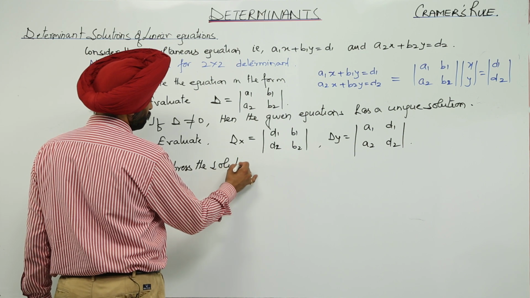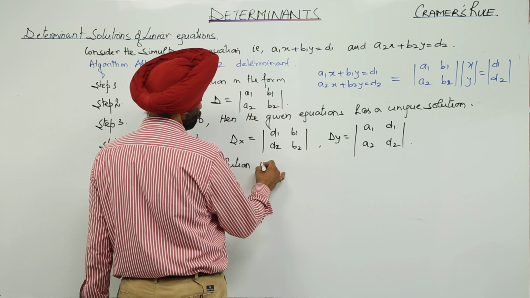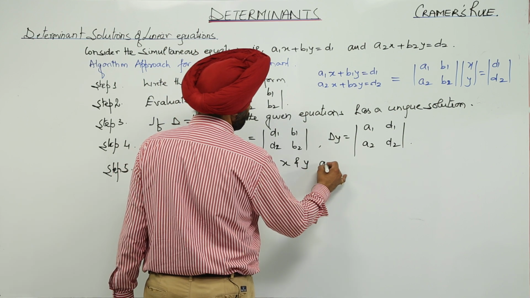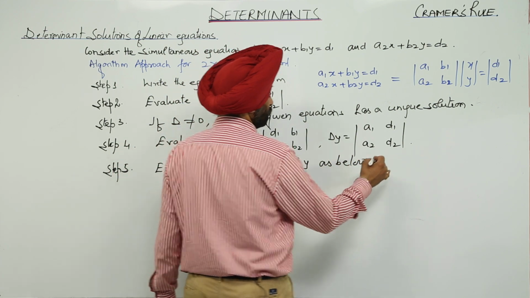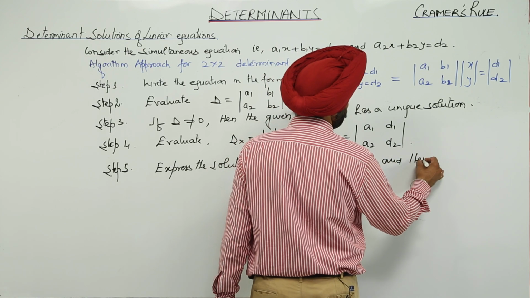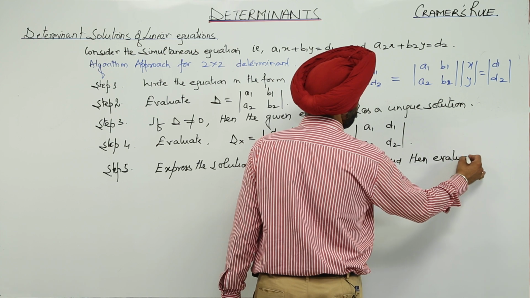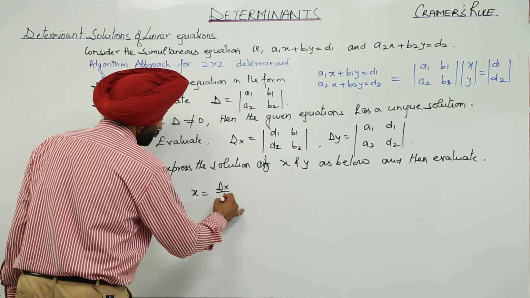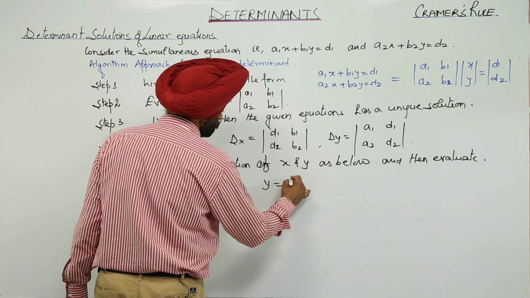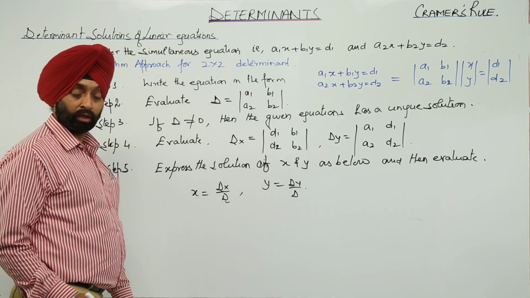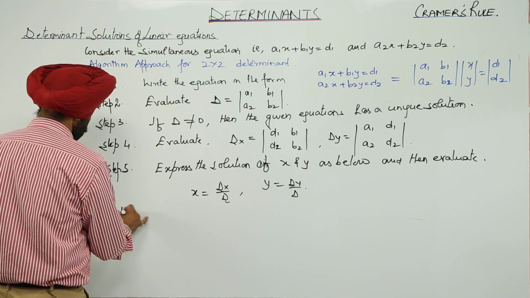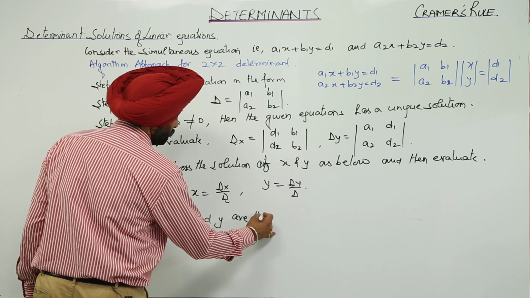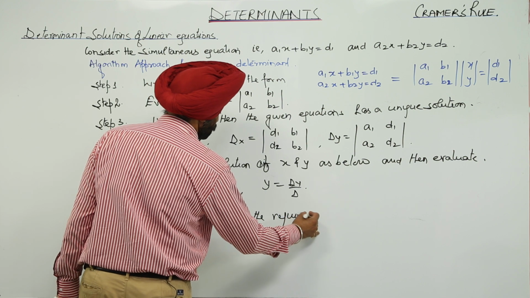Express the solution of x and y as below and then evaluate. x is equal to Dx by D and y is equal to Dy by D. Is it clear? x and y are the required results.